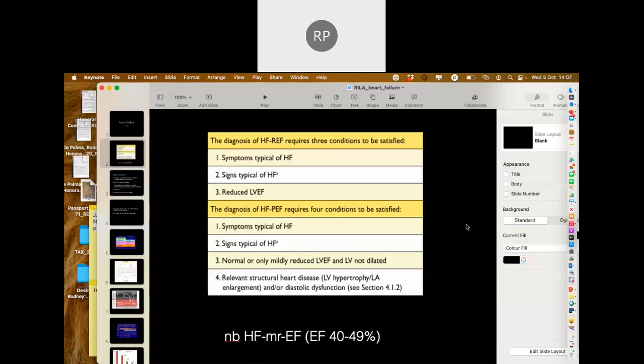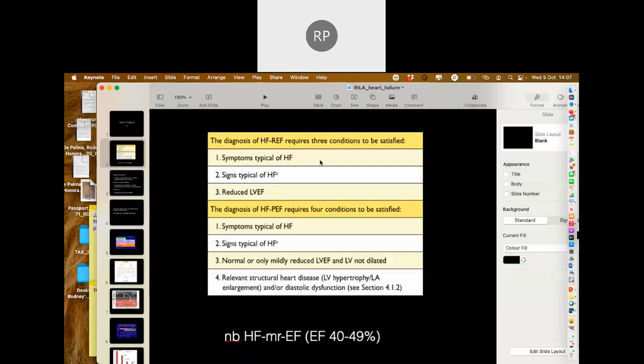For both, you need symptoms typical of heart failure. I'll go through those in more detail in a minute, but essentially, in the initial stages, this is typically exertional limitation and fatigue more than breathlessness. Later on, you get breathlessness on exertion that's overt.